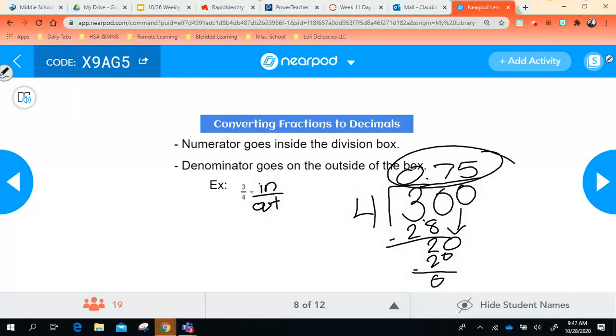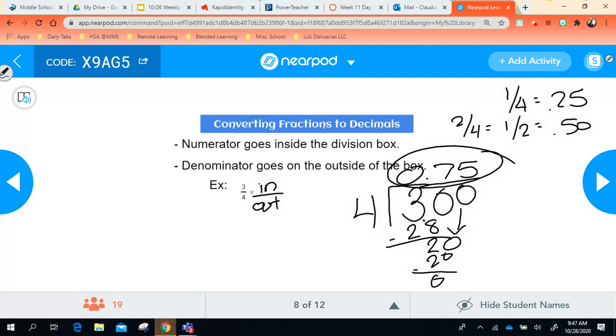So we are going to get to, I had one last year, I don't remember where I put it, a chart with your easy conversions. So the basics. 3/4 you should have already known was 0.75, because 1/4 is what decimal? 0.25. Did you know that 1/2 is also 2/4?